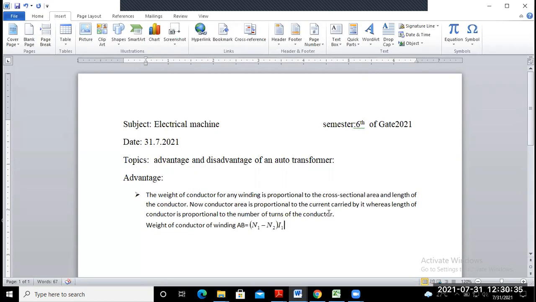Similarly, the weight of conductor of winding BC is directly proportional to (I2 minus I1) into N2.